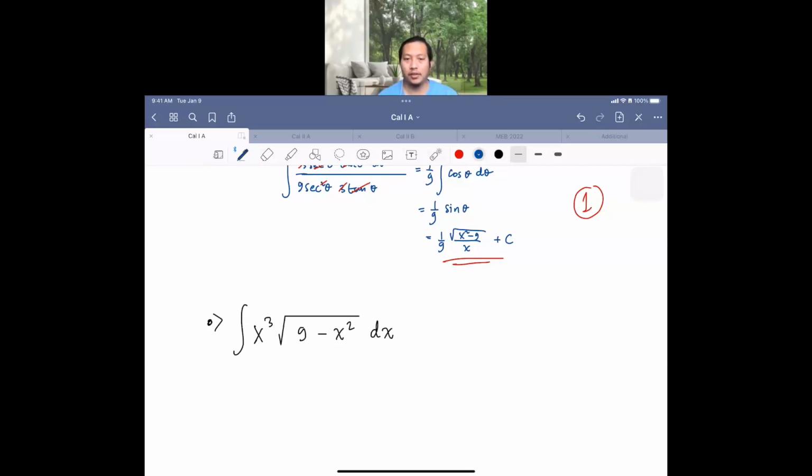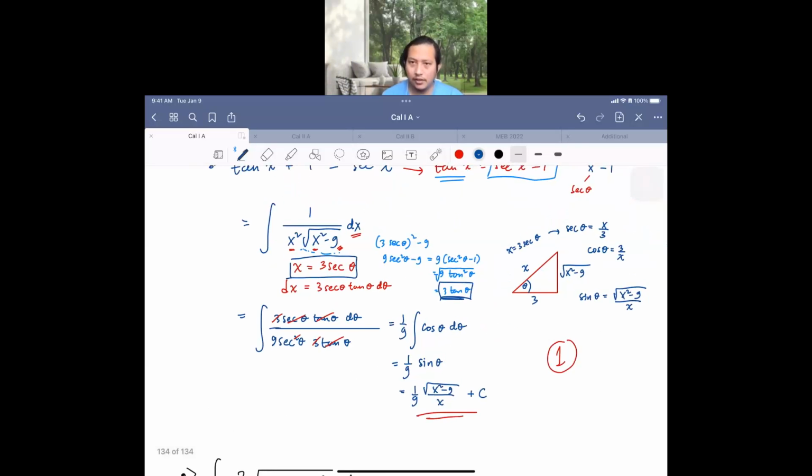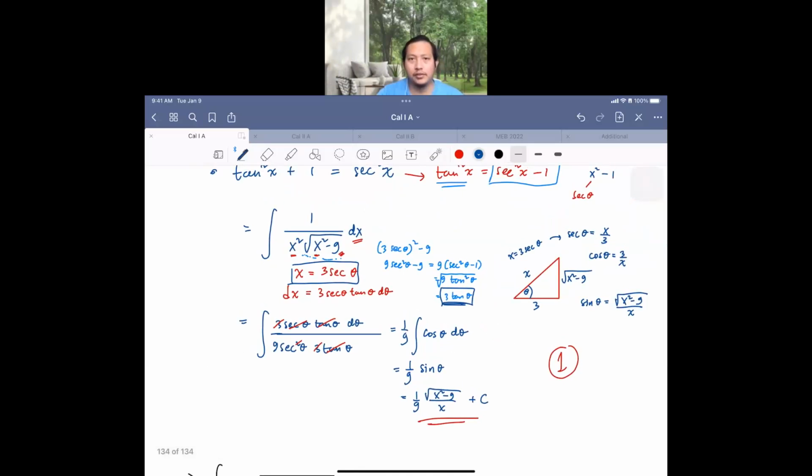Before we do the trigonometric substitutions, we can take another method if you would like. One obvious reason we are using the trigonometric substitutions is that if you look at the equation, you will see that it has the square root.